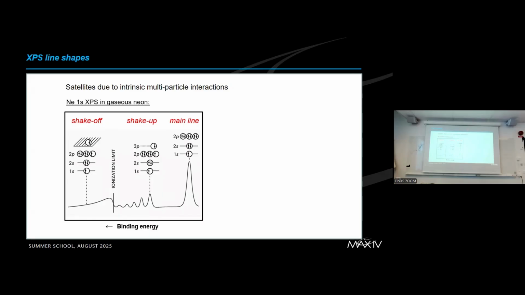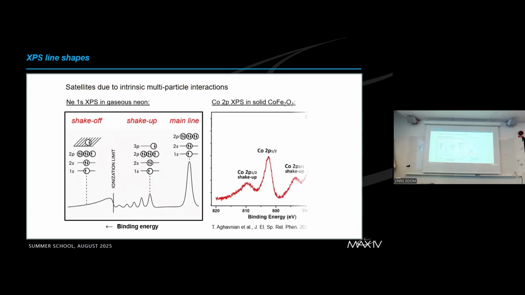And if we excite these electrons into the continuum above the vacuum level, then we have a continuum excitation here, which is called shake-off, because the electron is going off the system. Here it stays in the system. So discrete shake-ups and continuous shake-offs. This is what is typical in molecules. And one can also often see these shake-up satellites in solids.